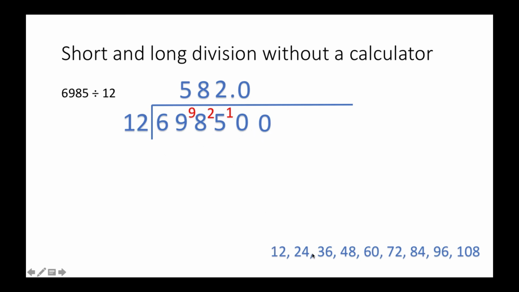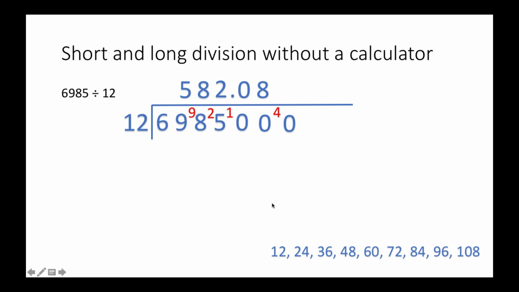So looking at our list, the closest I can get to 100 is 96. So that's 1, 2, 3, 4, 5, 6, 7, 8. So 8 will go there. My remainder from 96 up to 100 is 4. And then I can add another 0. How many 12s into 40?